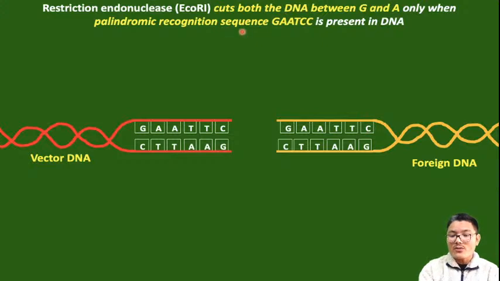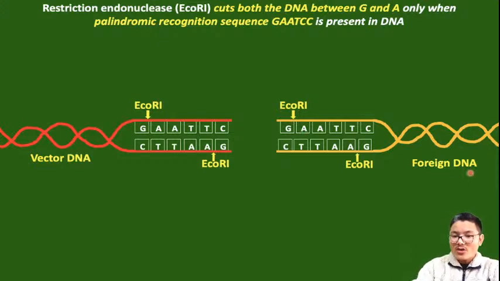So EcoR1, as we said, has its recognition site in between G and A, guanine and adenine, right? Same is the case here, guanine and adenine. Likewise, EcoR1 has the same recognition site in between G and A of the other strand in case of foreign DNA.